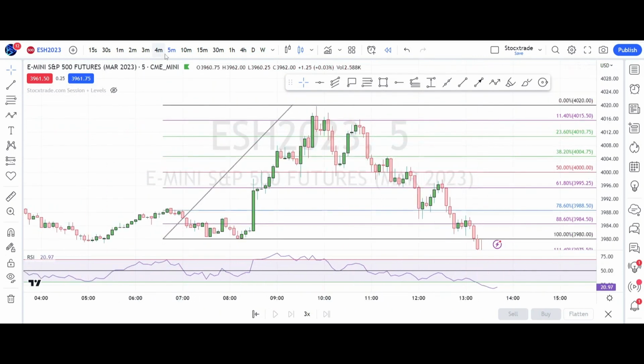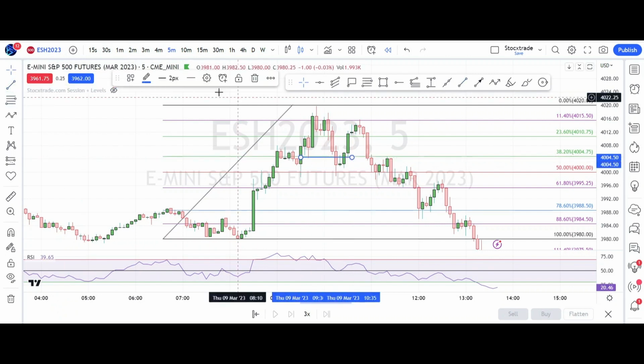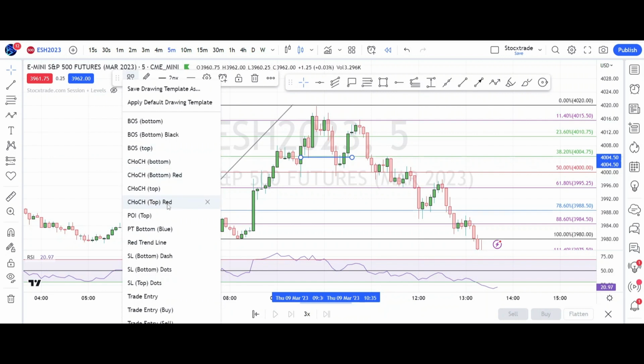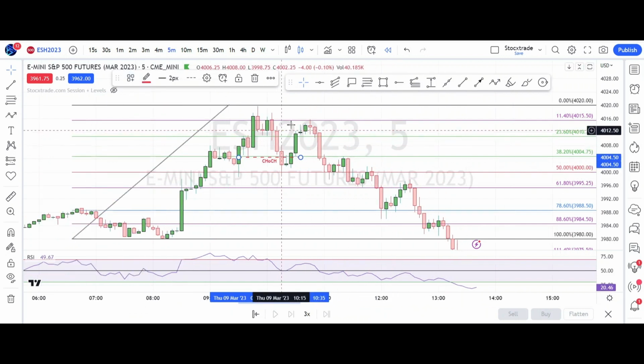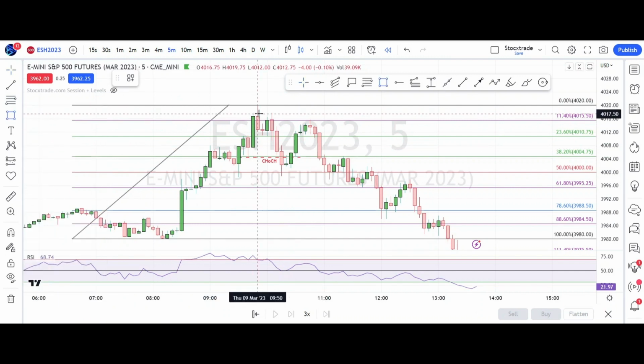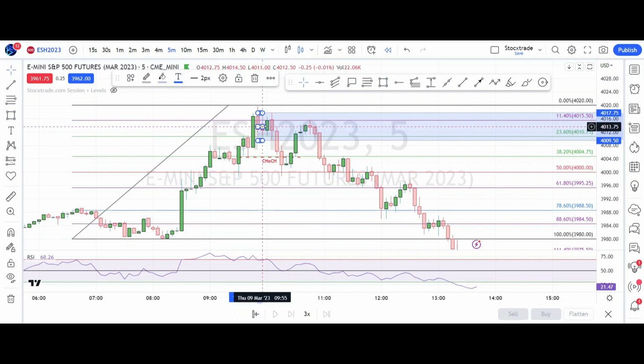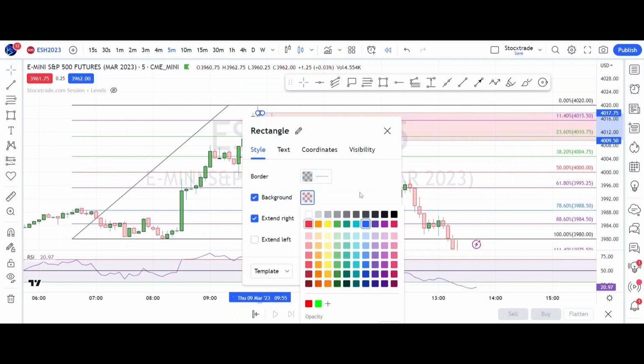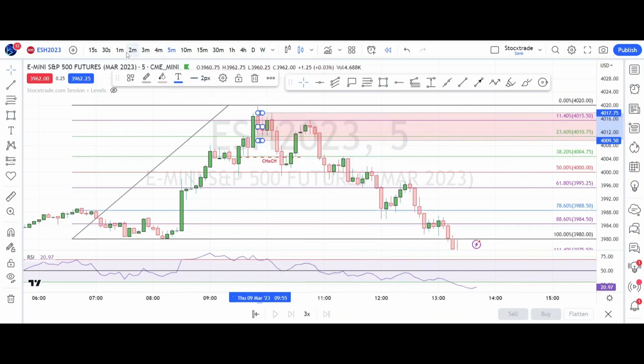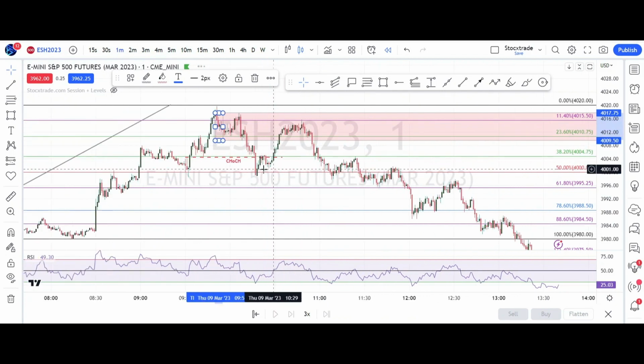You need to watch for the choch, the price needs to choch, and then it needs to go up to test the last order block. You can mark your order block in 5 minutes, or it's better to mark in 1 minute.